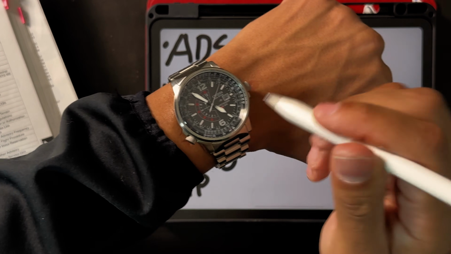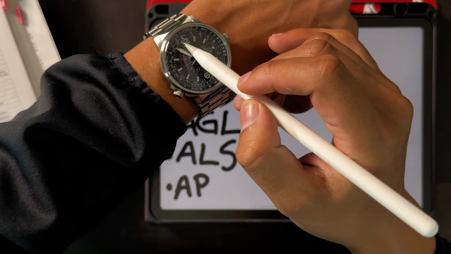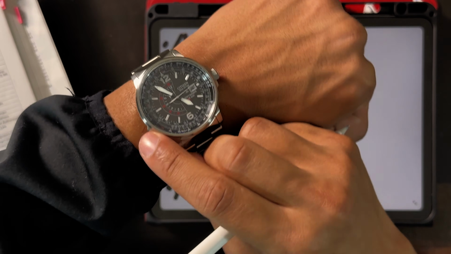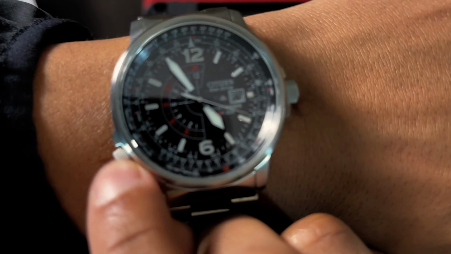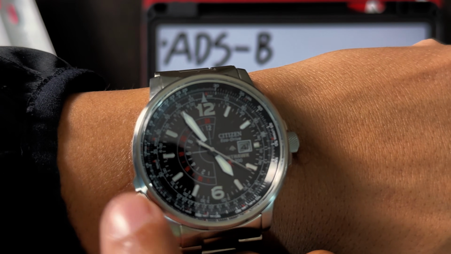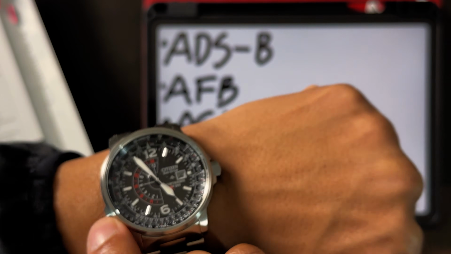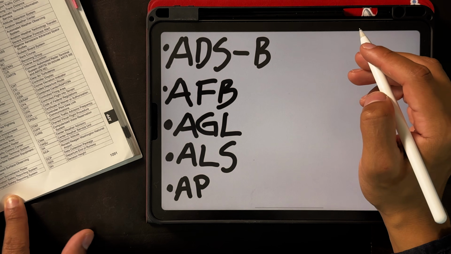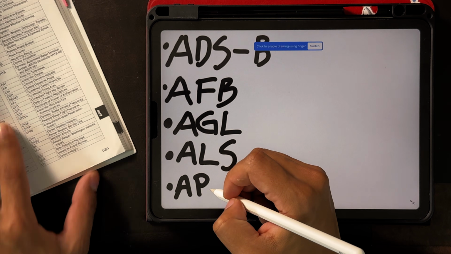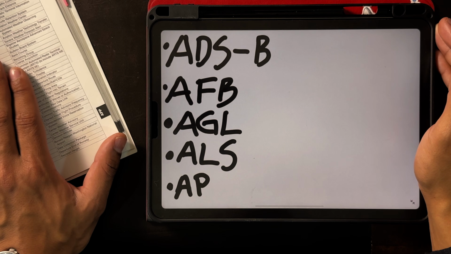This is the Citizen Nighthawk, which has a rotating bezel, which allow you to do different fuel calculations and rate of climb calculations, conversions, etc. But AP in aviation stands for autopilot.